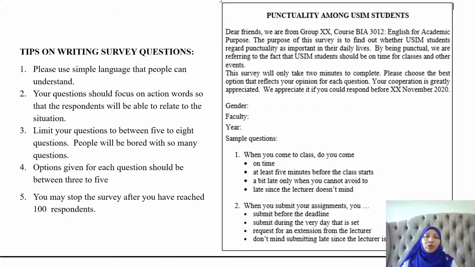So we want to make our respondents interested in what we are saying. Number one, you need to remember to use simple language. Please do not use any bombastic words that people don't understand.